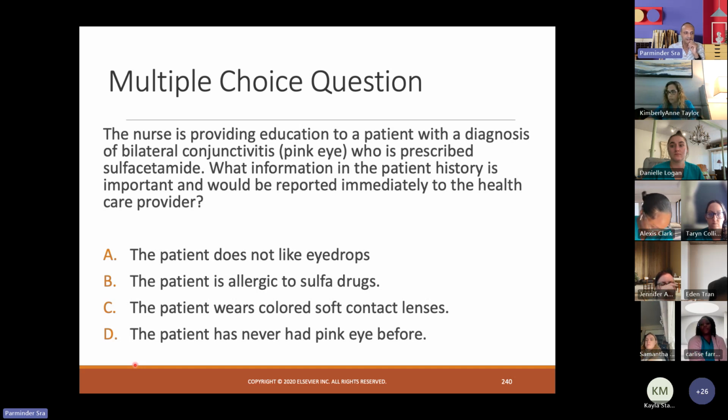Nice, perfect, yes. This is a sulfur drug, sulfacetamide, and if the patient is allergic to sulfur drug, it should not be given to the patient.